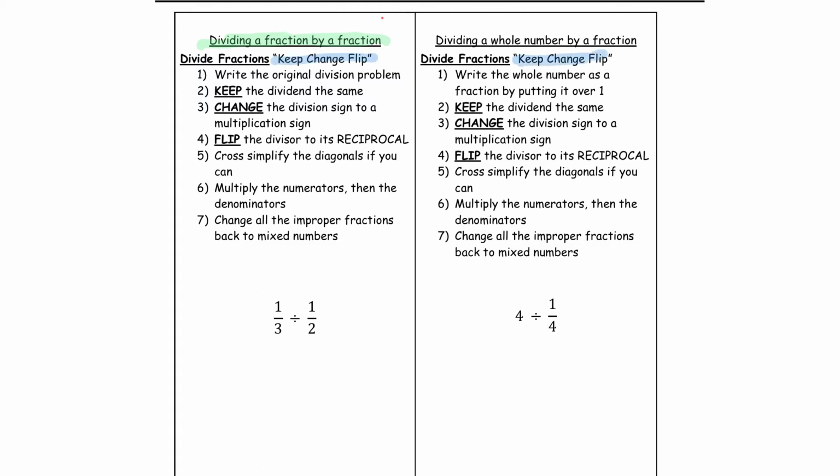Math people don't really like that terminology too much, but it's the easiest way for us to understand how to divide fractions without using a calculator. The directions are written right here, so you can always look through them. It's your little math recipe.